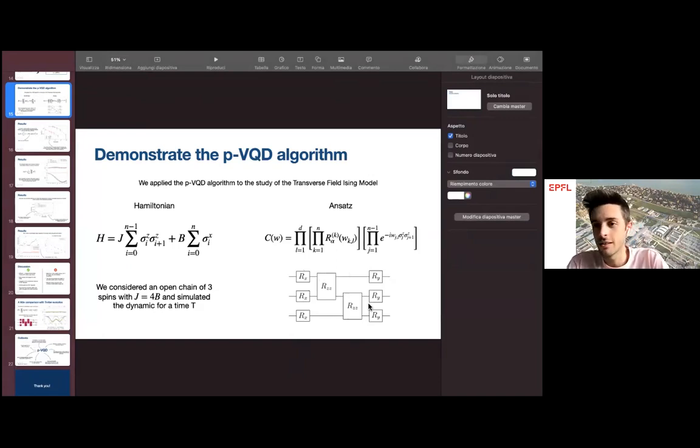But for more complicated systems, like confined systems with more fields, longitudinal and transverse fields, you may need a more complex ansatz, more complex circuits. This one is very similar to a circuit that is used in quantum chemistry, which is hardware efficient, that alternates layers of Ry with layers of CNOTs. But also in quantum chemistry, you may need very deep ansatzes, like the unitary coupled cluster ansatz, which is very, very deep.